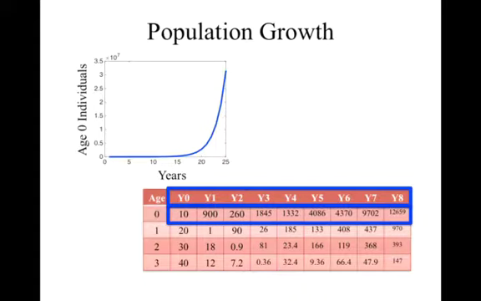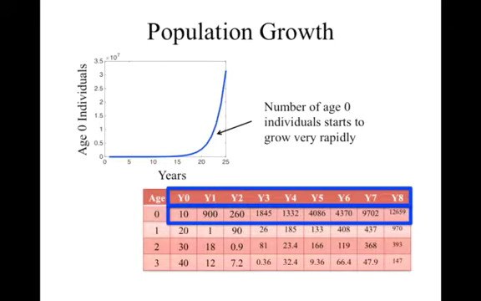We go from 10 individuals to 900 individuals to 260 and on and on, and then it starts to get really, really big. We're getting into the thousands and the tens of thousands, and if you plot that out for 25 years, you're getting up to 10 to the 7 individuals in the age 0 class. And so again, the number of age 0 individuals starts to grow very, very rapidly.